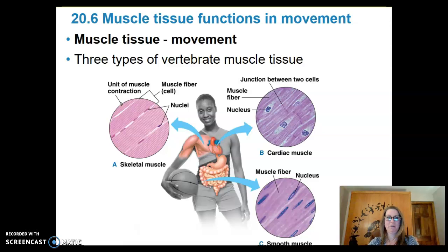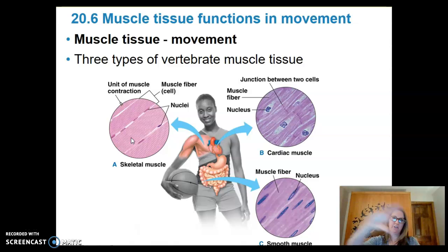All right, next we have muscle tissue. So as you already know, muscle tissue functions in movement, and we have 3 basic kinds of muscle tissue depending on how it works. The big way that we classify muscle tissue is where it is located, and whether the muscle is under voluntary or involuntary movement. Lastly, we can just take a look at the overall look.